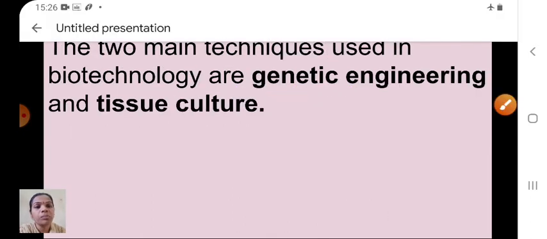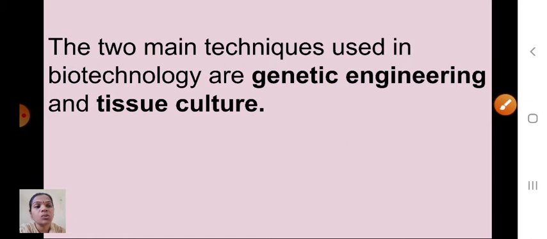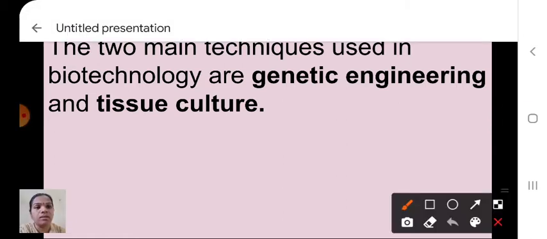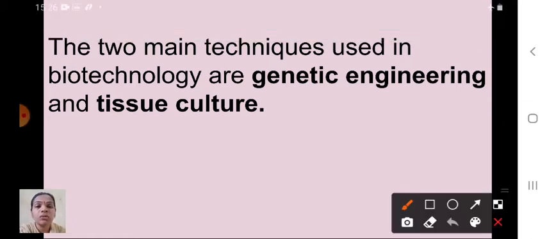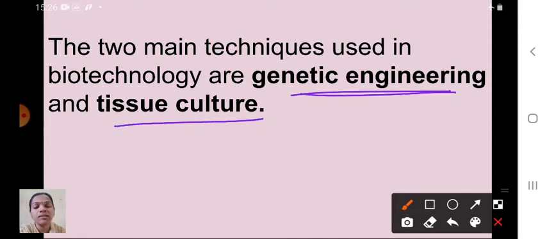There are two important techniques, two main techniques used in biotechnology: genetic engineering and tissue culture.